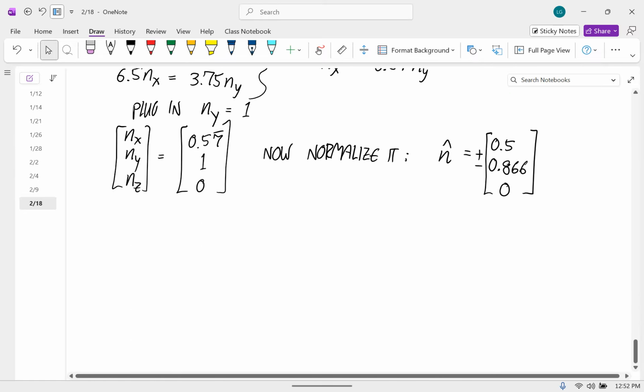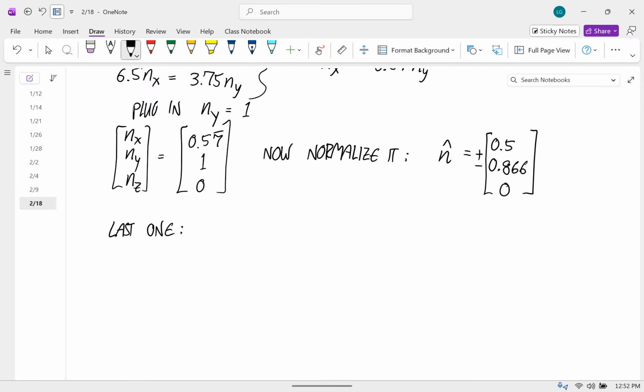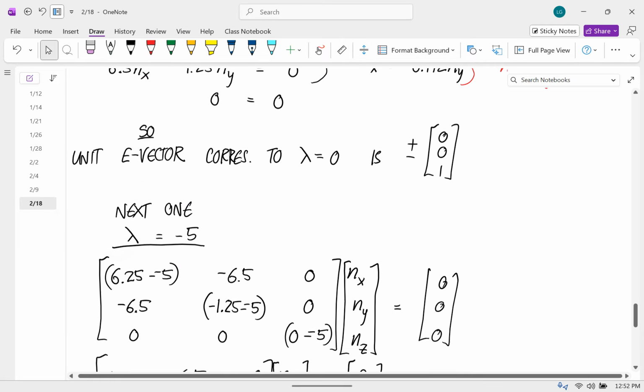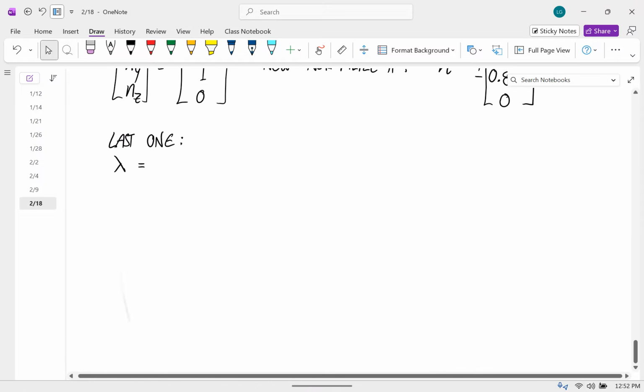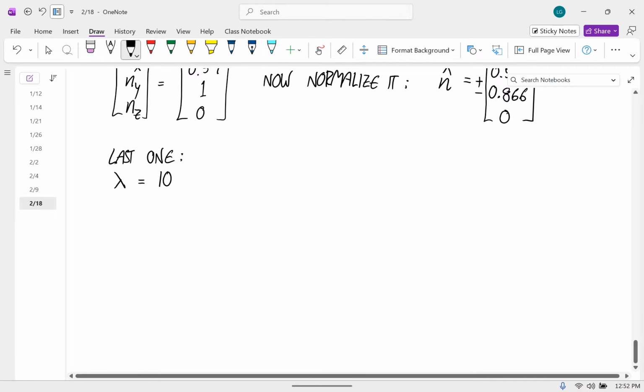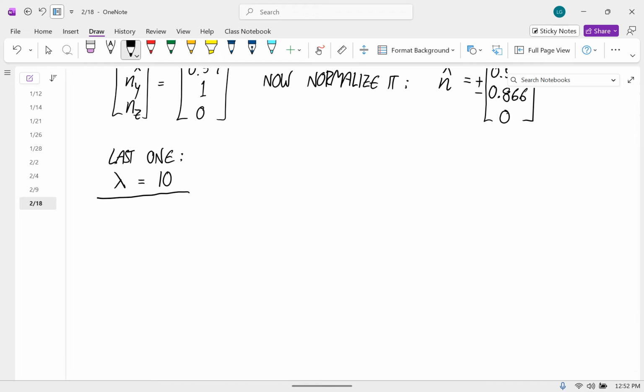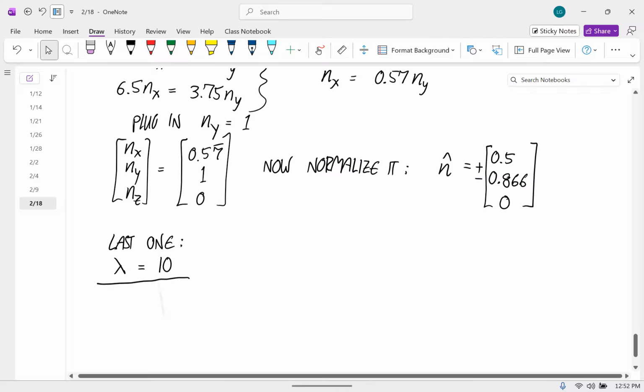Okay, last one. So this is lambda equal to, what was it, positive 10? So take a few minutes and see if you can work through this one from here. I'll never make you do this again. Could you scroll out a little bit? Thanks.